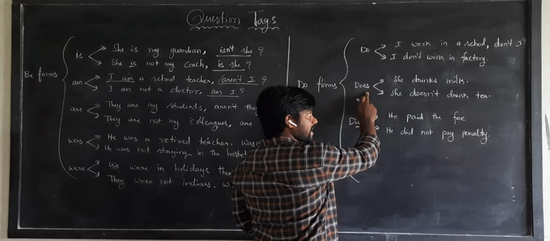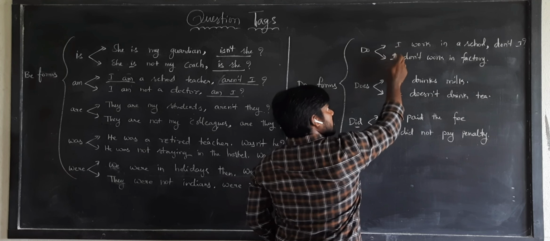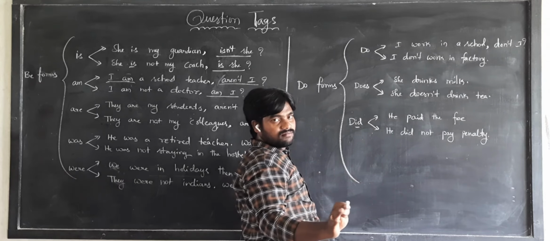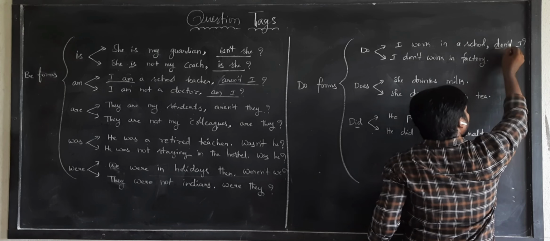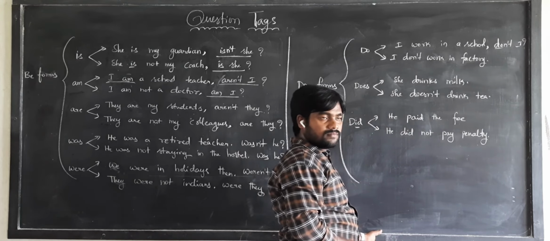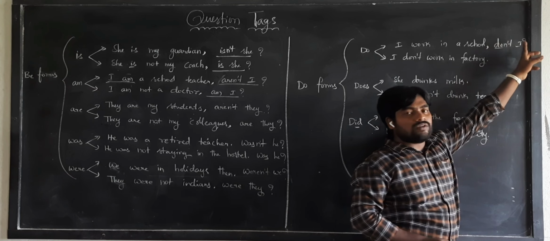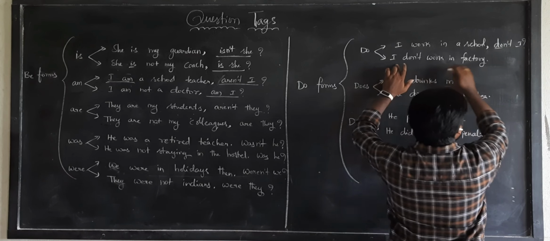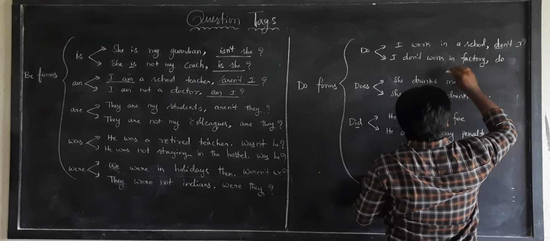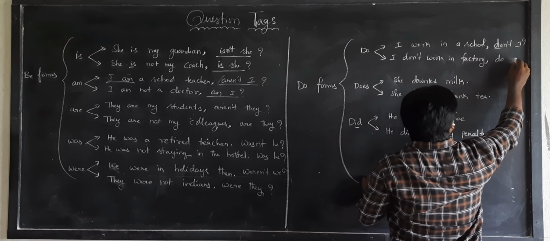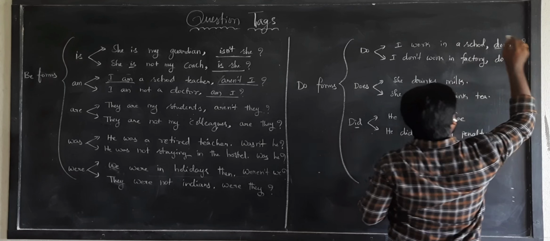Does won't be taken because the pronoun is not third person singular. I is first person, so that is the reason we take do. That is why it becomes don't I. Now since it is a negative statement, what do you take? Do. The statement is negative, so the tag will be positive. So do I is the answer.